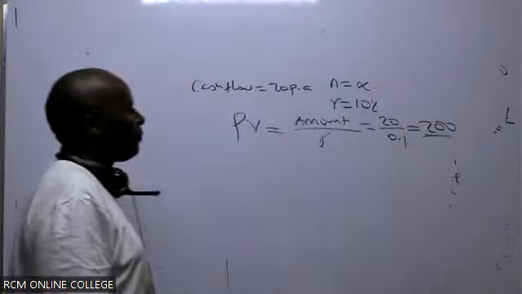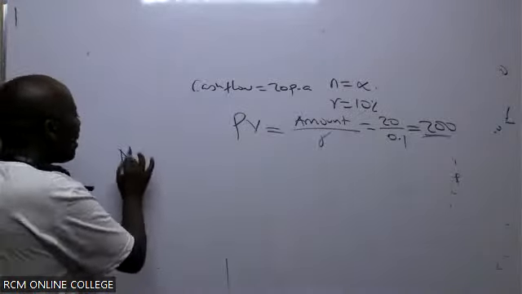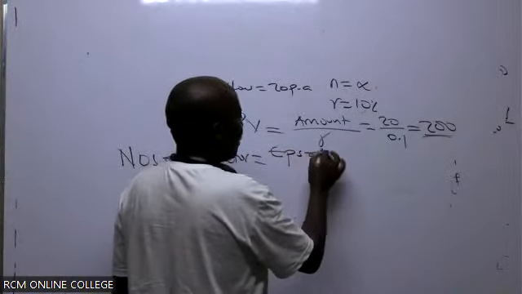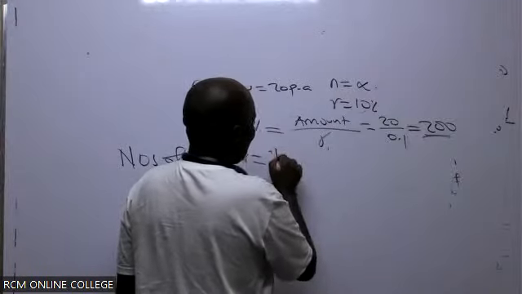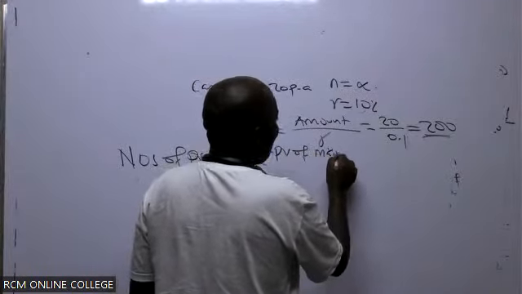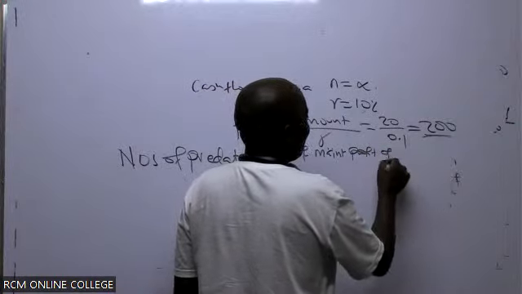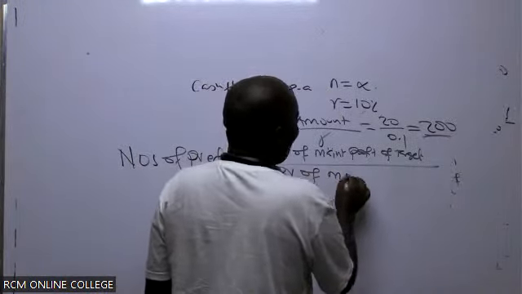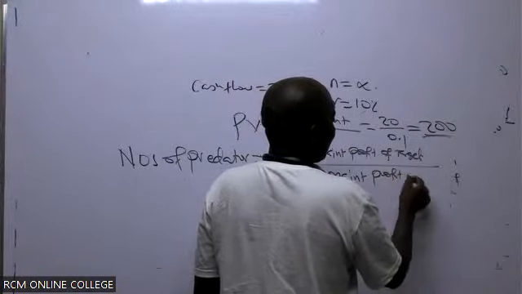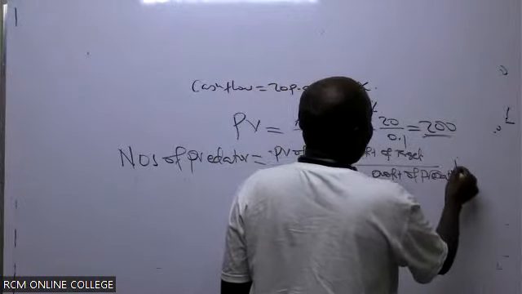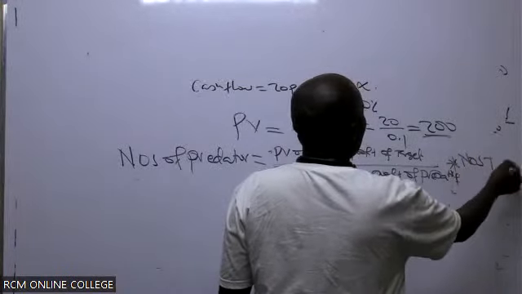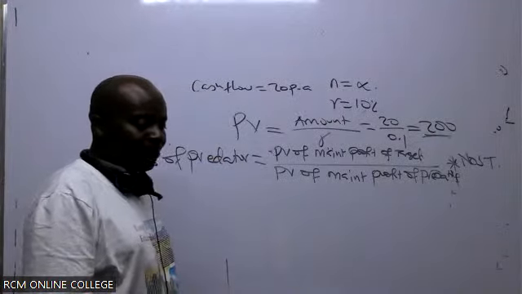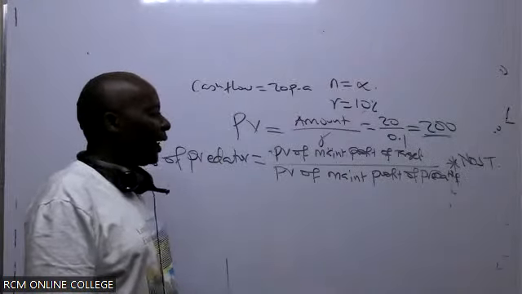This means that the number of shares of the predator will be equal to the present value of maintainable profits of the target, because we must start with the target up there, all over the present value of maintainable profit of the predator, times NoT, which is normally the number of shares of the targeted company.